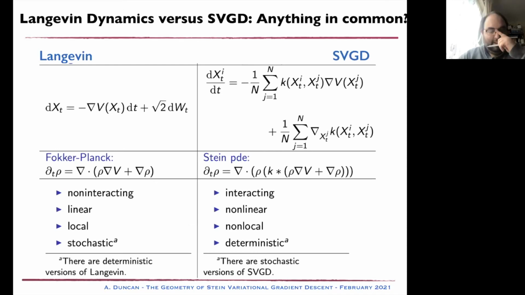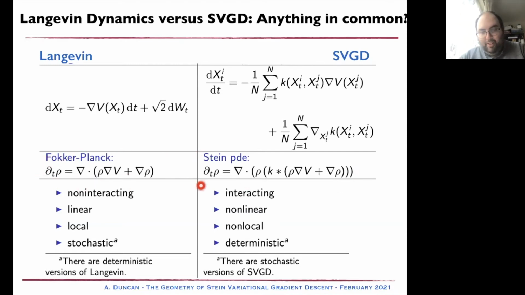And so basically it made sense to compare these two. Looking at them, they seem to be very different beasts, in the sense that Langevin is effectively a stochastic differential equation, whereas SVGD is a deterministic system, an update, let's just say a system of ODEs. If we look at their densities, rho t, in each case, one actually has a nice linear local associated PDE, known as the Fokker-Planck equation.